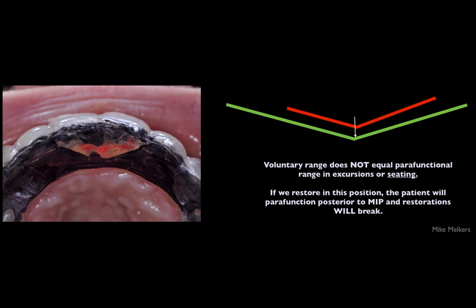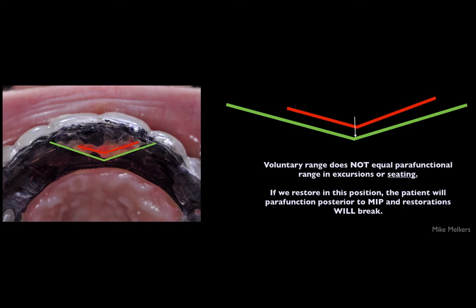And if you notice the chevron difference on your right, the red versus the green, this is the difference of what we see in the patient. The red chevron is what the patient can do while awake. Well, the green actually represents what the patient will do at night. So the point being is voluntary range does not necessarily equal the parafunctional range in excursions or seating.